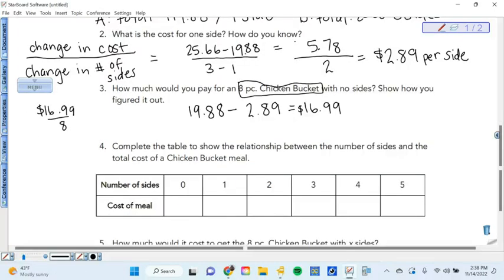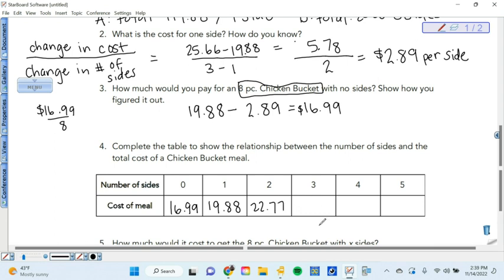Okay, excellent. So zero sides was $16.99. What was the cost of a chicken bucket with one side? $19.88. What about two sides? $22.77.